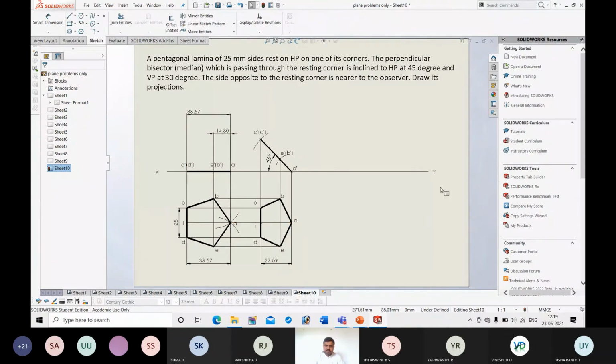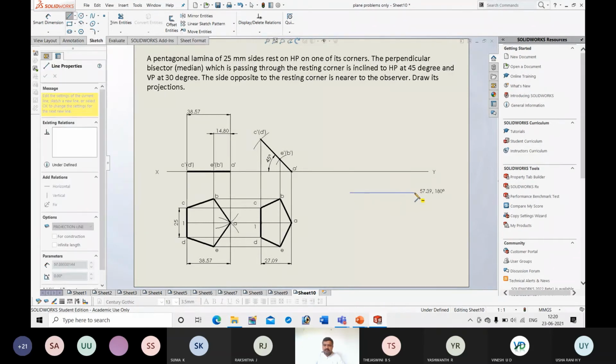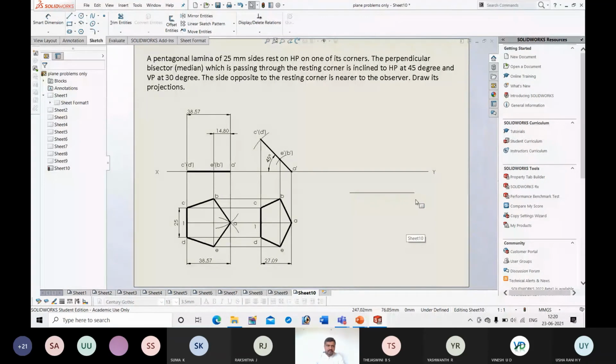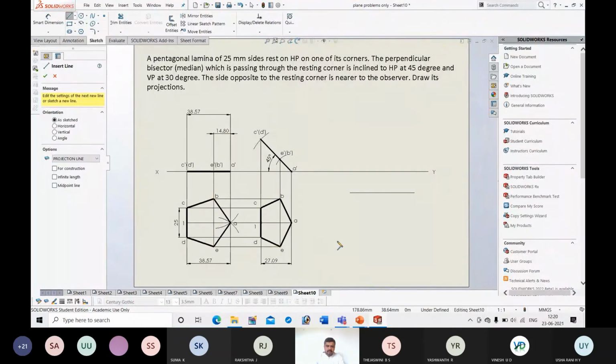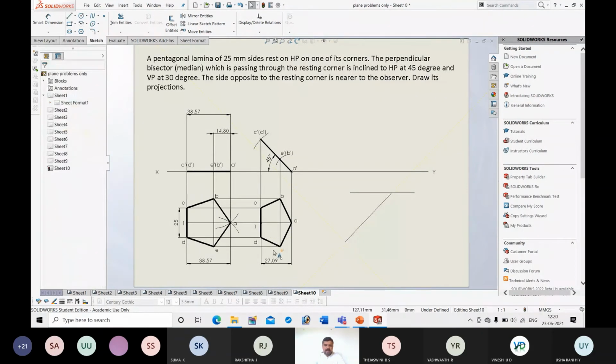So first I can start from the XY line, or I can consider a line parallel to XY. If you don't have sufficient space, in order to reduce the space required to draw the final top view, you can go for this approach. You can draw a line parallel to XY. Next, first draw a line inclined at the true inclination, that is 30 degree, and having true length.